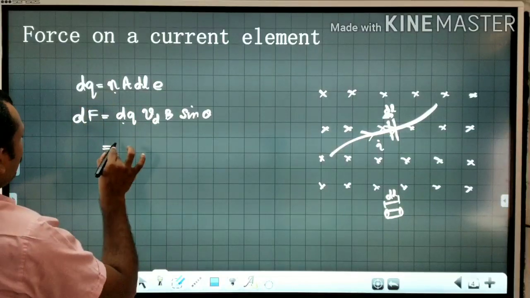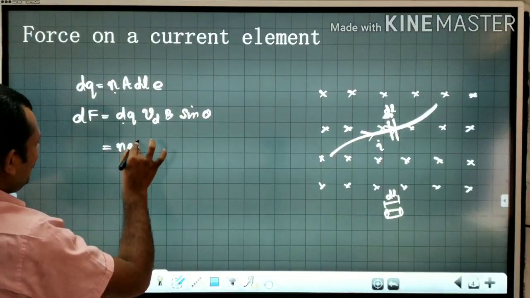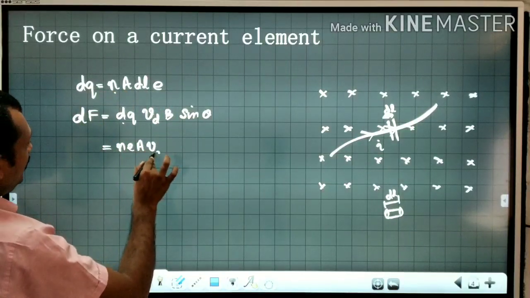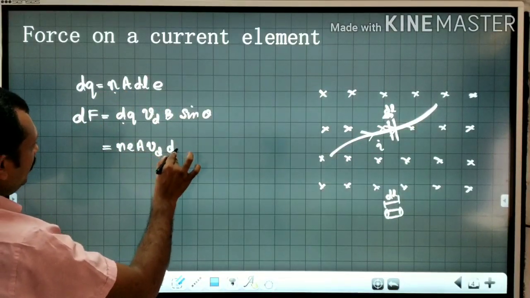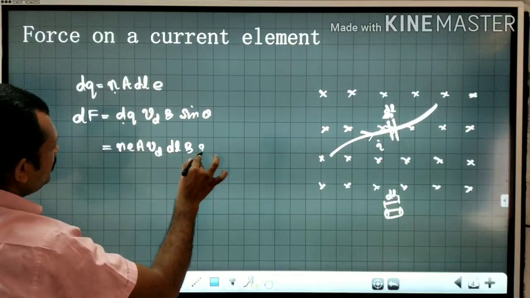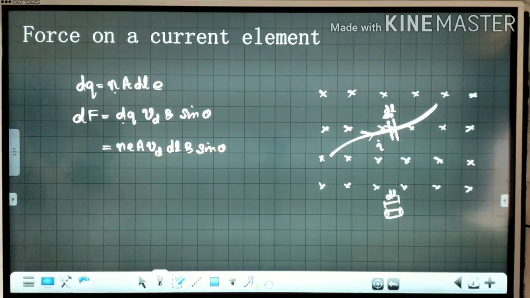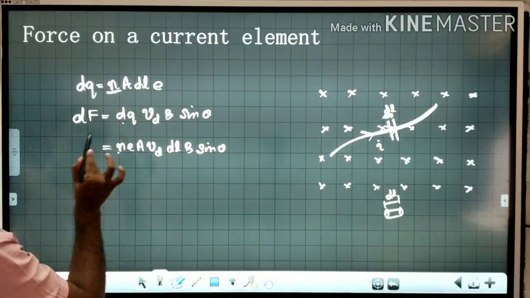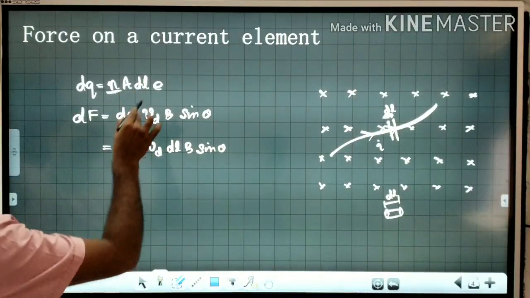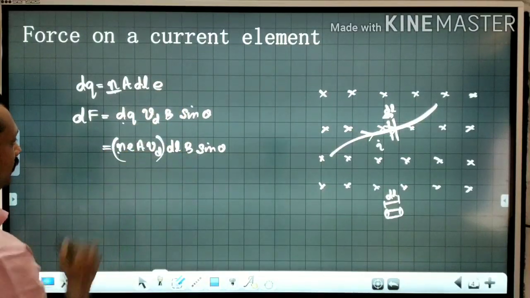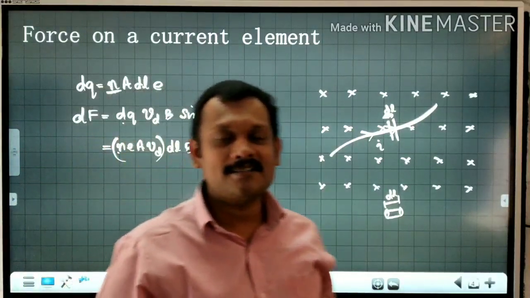Now dq can be written as n e A Vd into dl B sin theta. Substituting dq, we have n, A, dl and e, and I have written it this way with a purpose.